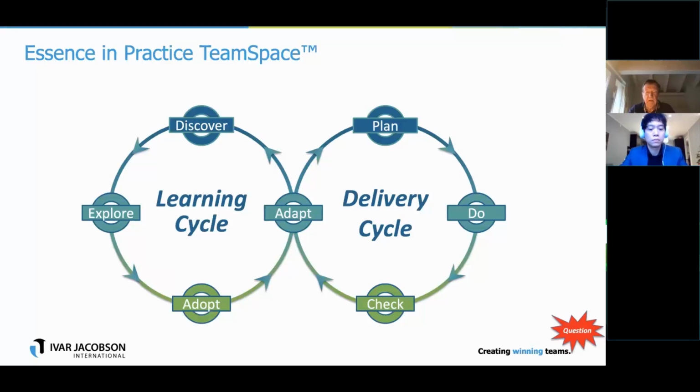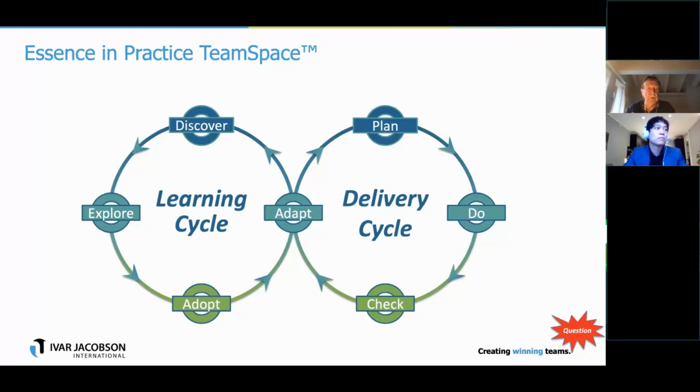So what we have here is a tool we call TeamSpace. TeamSpace goes through an infinity loop. It consists of two parts, a learning cycle and a delivery cycle. In the learning cycle, you discover what practices are available. First, up top, you go and explore, and a tool helps you to see what practices are available.